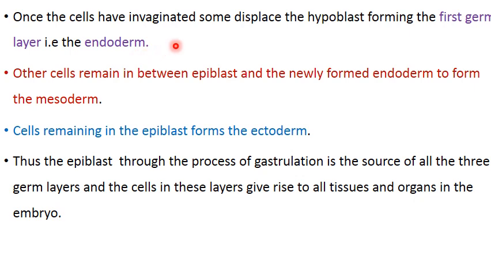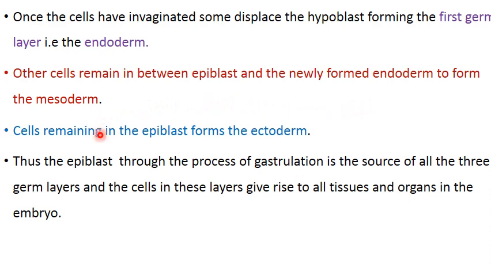So the first germ layer that is formed is the endoderm, that is going to line the primitive gut. Then other cells which have been dividing, getting detached below the primitive streak from the epiblast will fill up the space between the epiblast and the newly formed endoderm, so as to form the mesoderm.